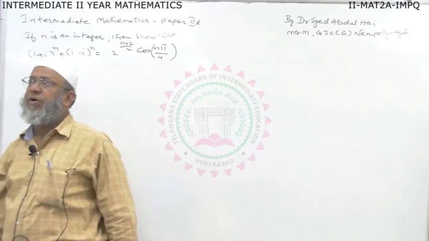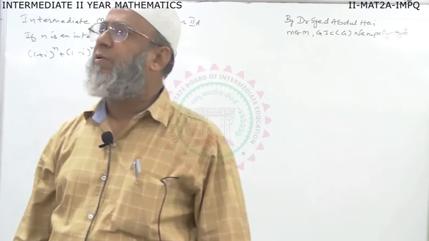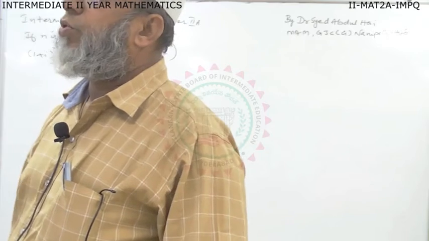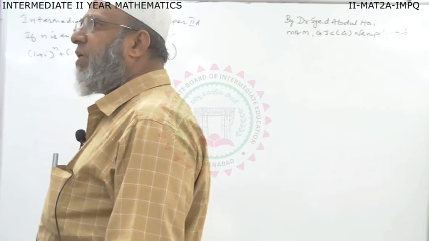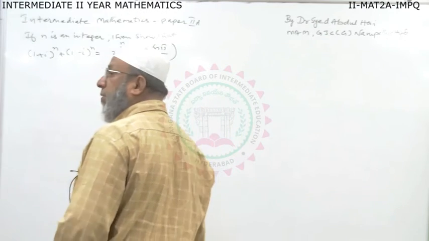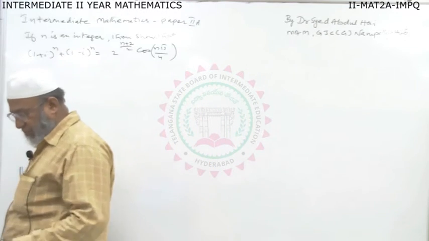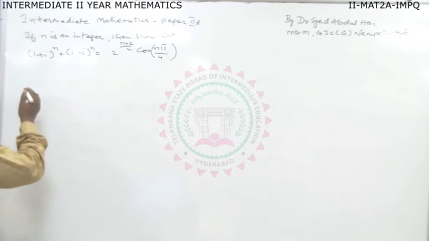Right? What is given? If n is an integer, we have to show that 1 plus i power of n plus 1 minus i whole power of n equal to 2 power of n plus 2 by 2 cos n pi by 4. Now, solution.